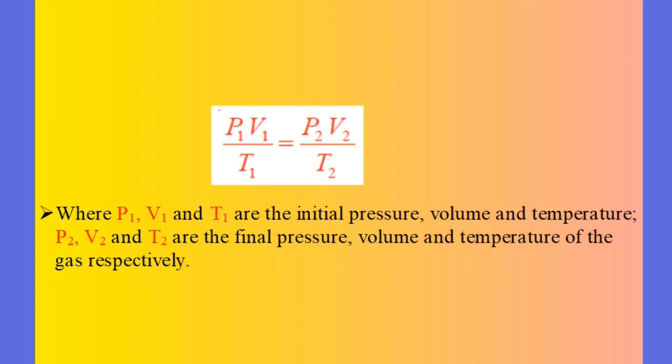So, the combined gas law can be expressed by this formula: P1 V1 divided by T1 is equal to P2 V2 over T2, where P1, V1, and T1 are the initial pressure, volume, and temperature of a gas respectively, and P2, V2, and T2 represent the final pressure, volume, and temperature of a gas respectively.